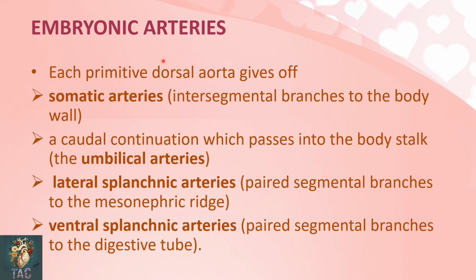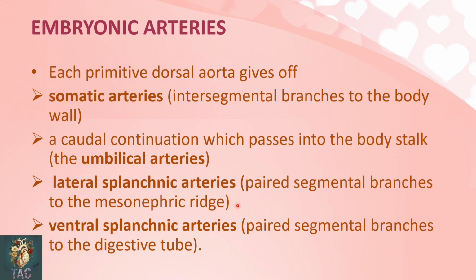So each primitive dorsal aorta gives rise to four major types of vessel. The first somatic, then the umbilical, then the lateral splanchnic, and ventral splanchnic. So the somatic one, also called the intersegmental branches to the body wall. The umbilical arteries are the caudal continuation which passes into the body stalk.